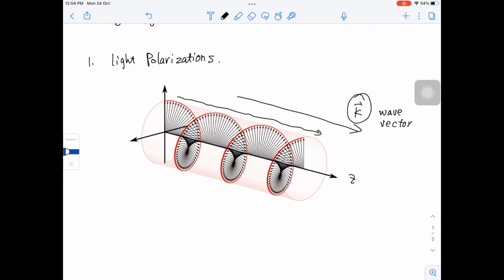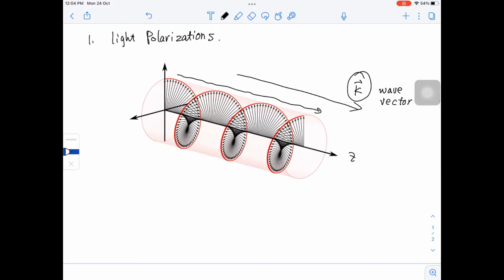And how to define the handedness of the light? We need to sit on the observer side. Let's say the light is propagating in this direction, and we need to put our eye here. We look into the beam, and we can see in this scenario the light is rotating clockwise.